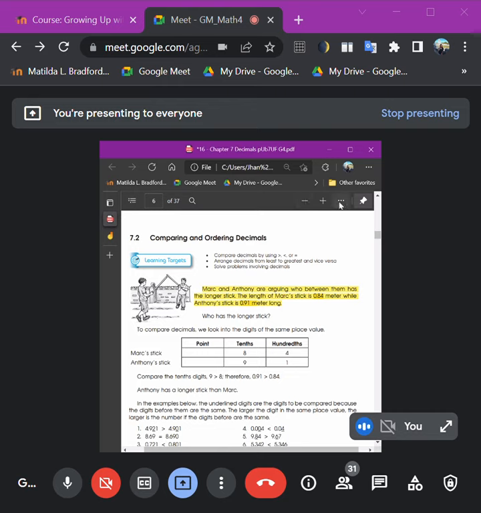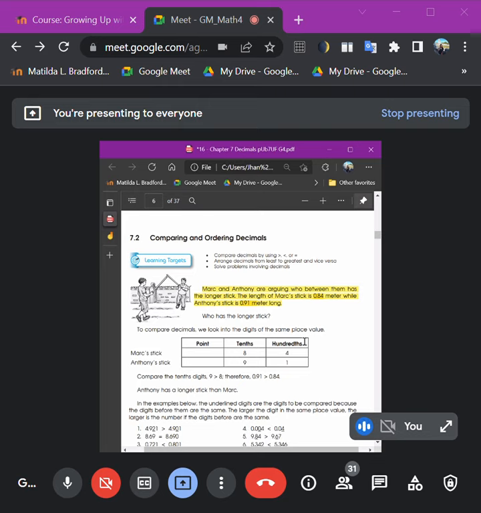Mark's stick is 0 and 84 hundredths, so you have 8 tenths and then 4 hundredths, while Anthony's stick is 91 hundredths. You need to write the place value in order for you to write it very well.